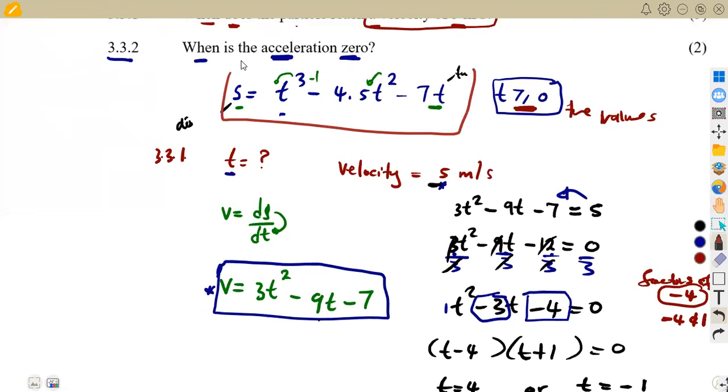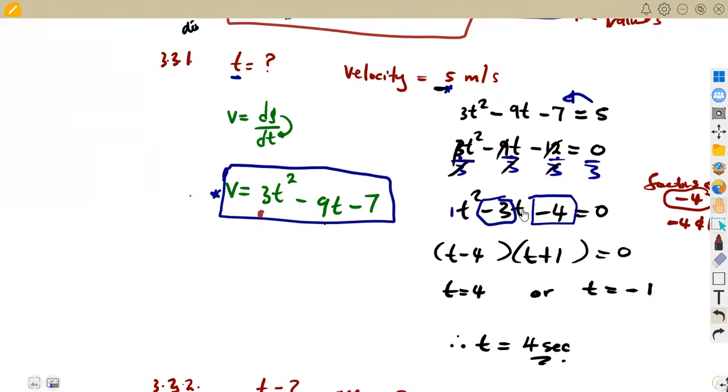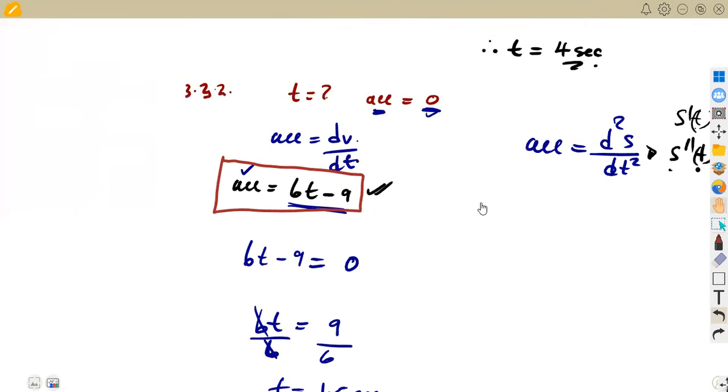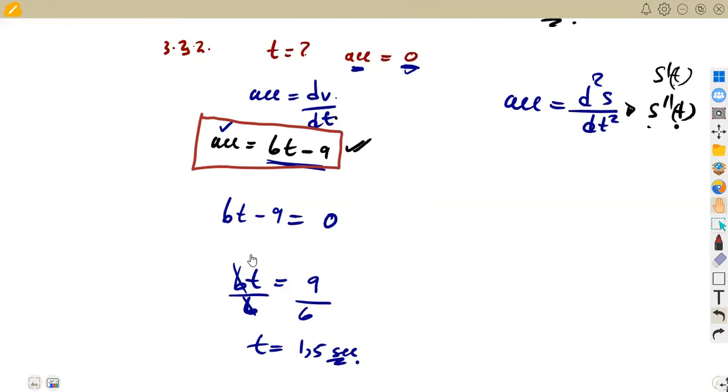From displacement, you find the derivative and you get velocity. The derivative of velocity gives us acceleration. But take note of the conditions that you'll be given. When acceleration is 0 or when velocity is 0, you have to work from the given consideration for that particular question so that you obtain exactly the expected answers.